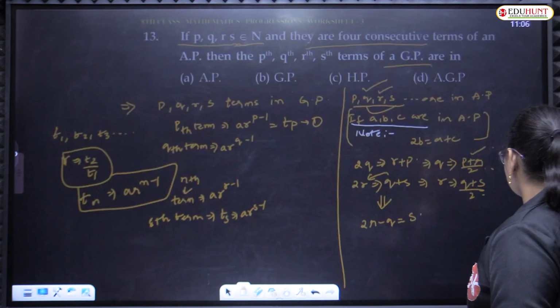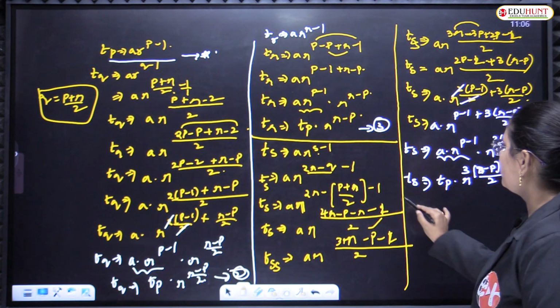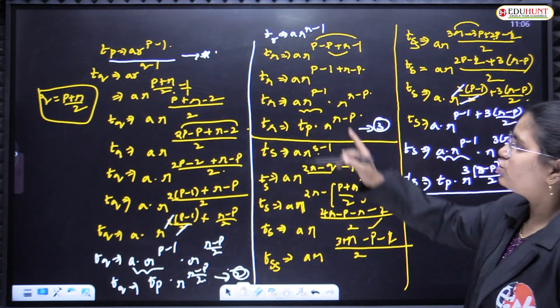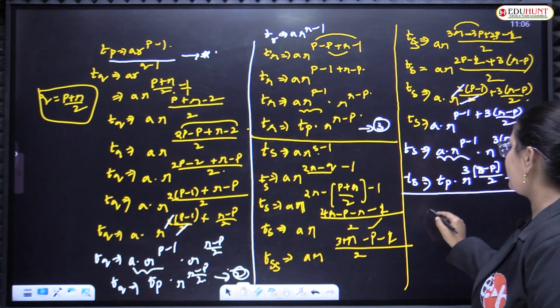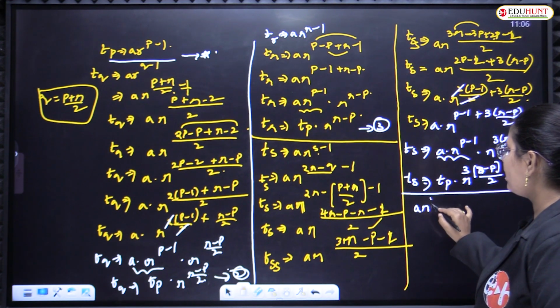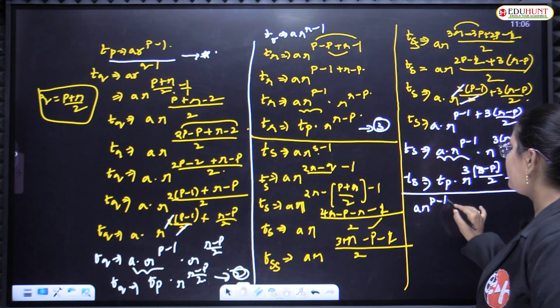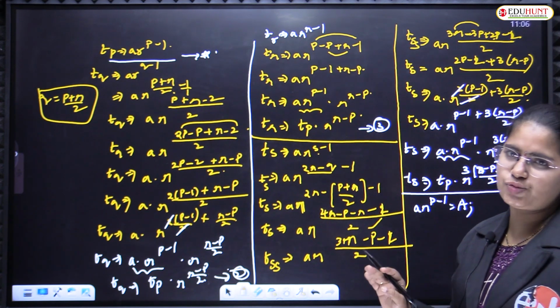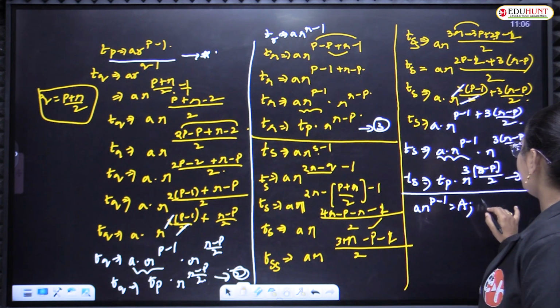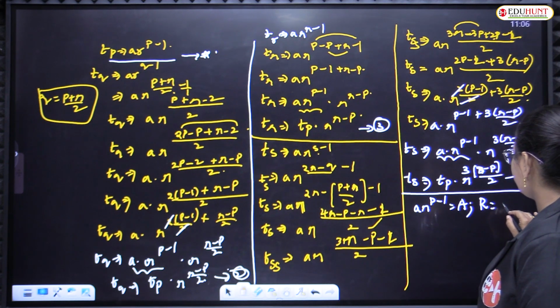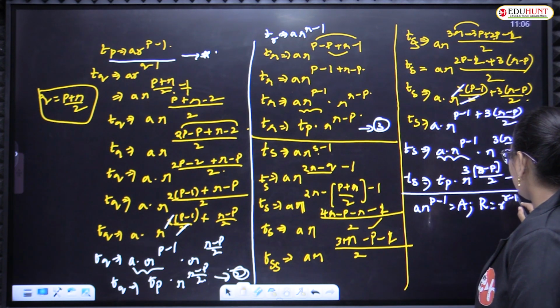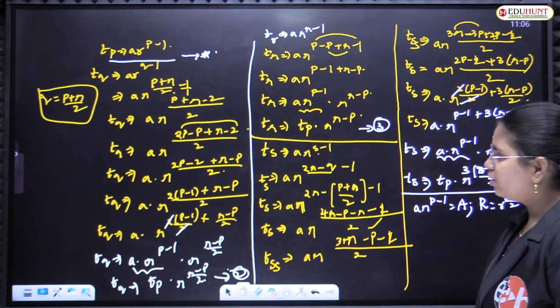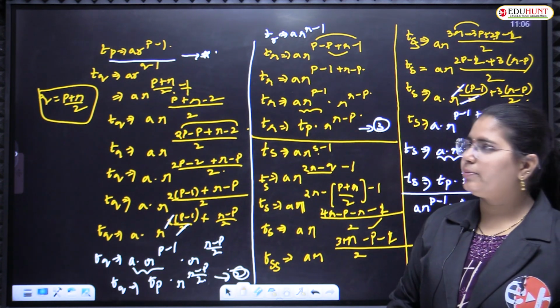So let us check in which progression it is. By observing, for our convenience let us take AR to the power of P minus 1 as capital A, only for convenience, okay? And capital R is equal to R to the power of R minus P by 2.